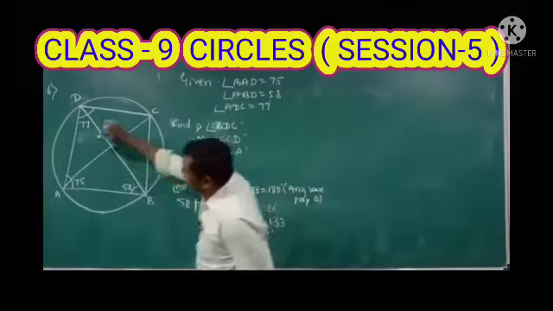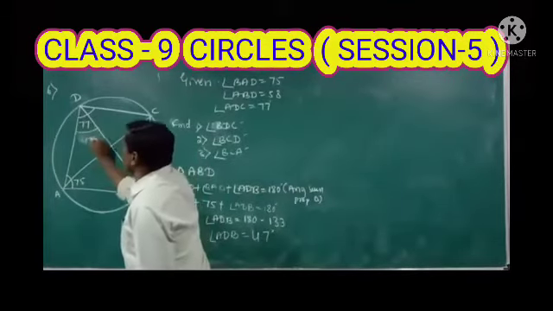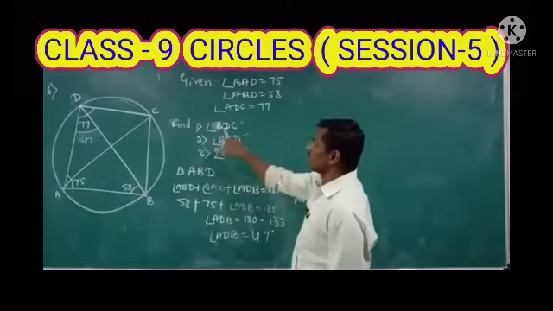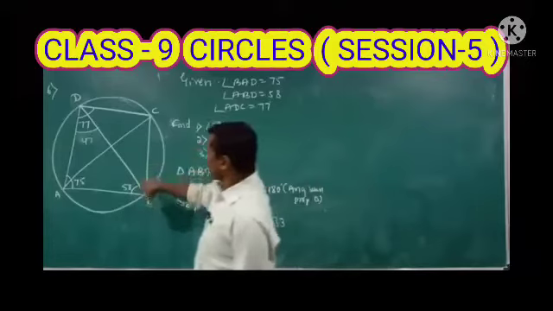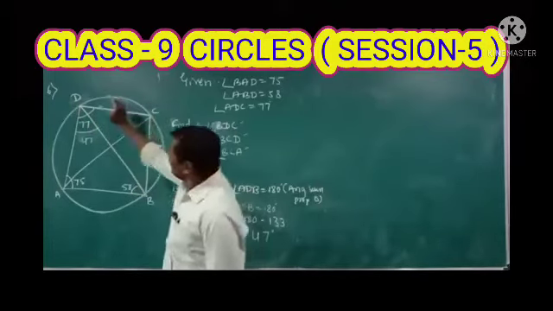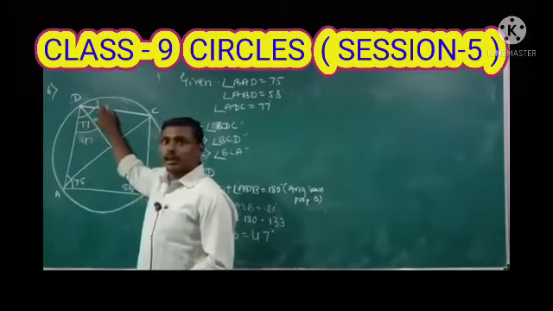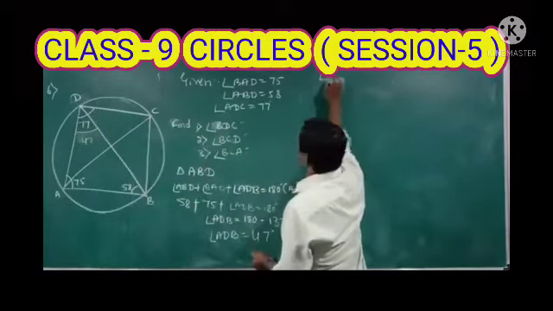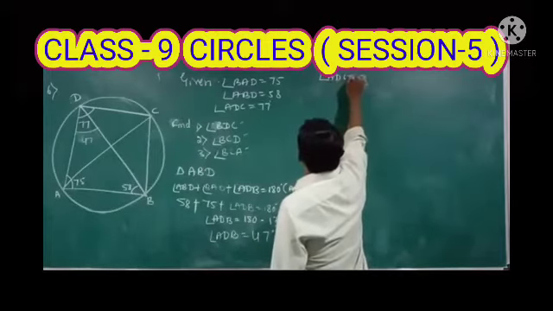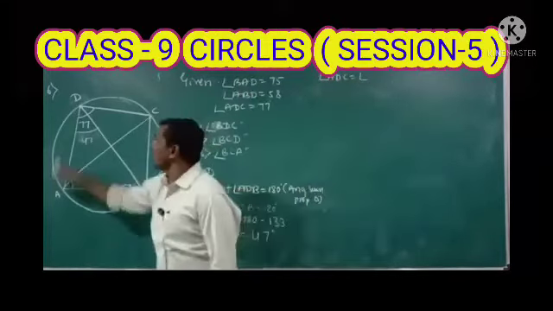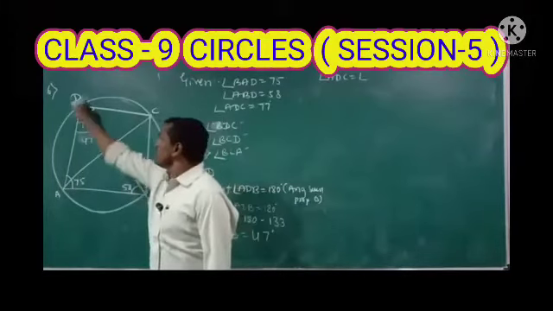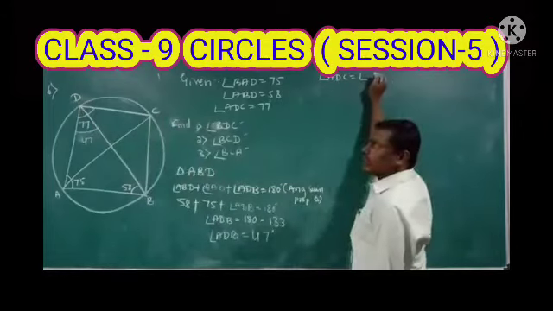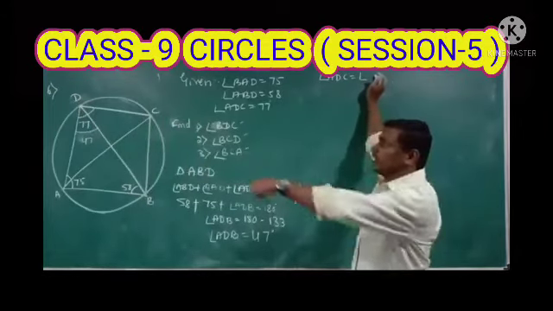If this angle is 47 degrees, what do you need to calculate first? Angle BDC. When we add these two angles, we get the complete angle ADC, right? So angle ADC is equal to ADB plus BDC. The sum of those two angles makes one complete angle, that is ADC.